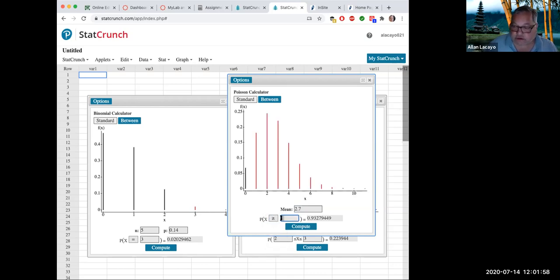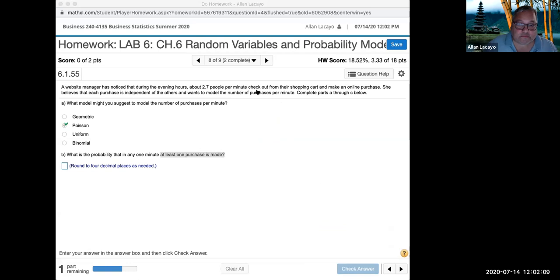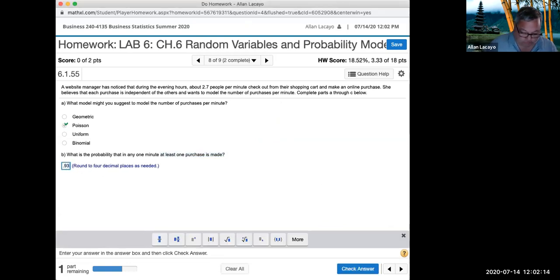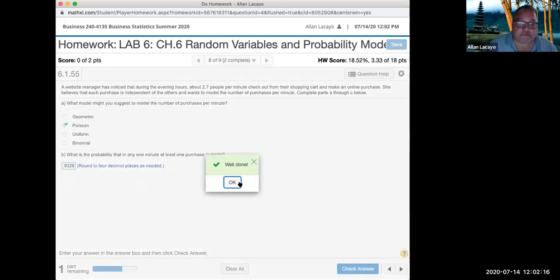So we go greater than or equal to 1. That's what at least 1 means. And we get 0.9328. And that's the right answer.